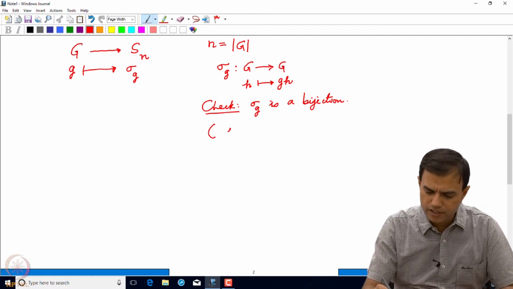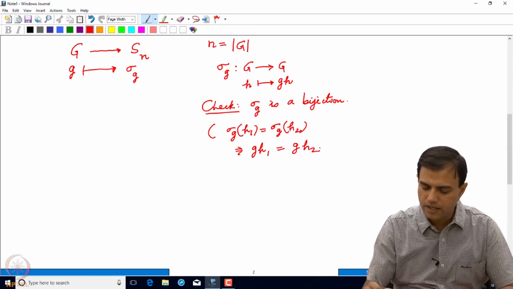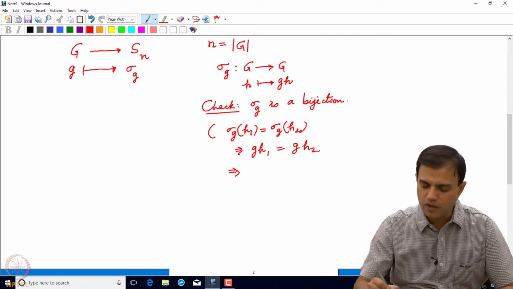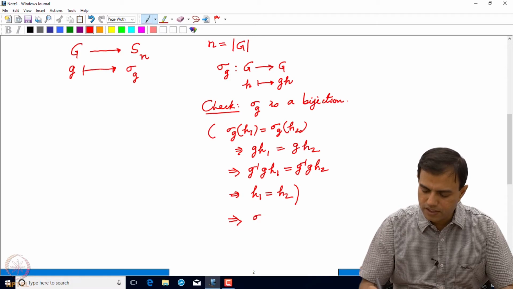So if I have sigma g of h1 and sigma g of h2, that means I am having g h1 and g h2, both are equal. Existence of inverse allows me to cancel these. So g inverse g h1 is the same as g inverse g h2, and therefore h1 is h2, and that means sigma g is a 1-1 map.